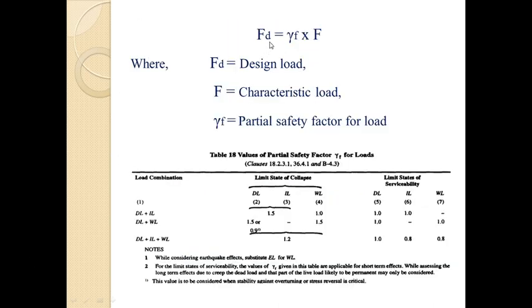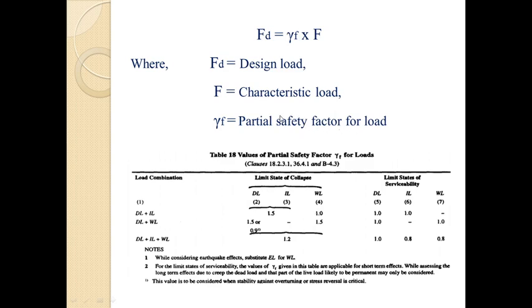Here we can see Fd is equal to gamma f multiplied by F, where Fd is design load, F is characteristic load, and gamma f is the partial safety factor for load.